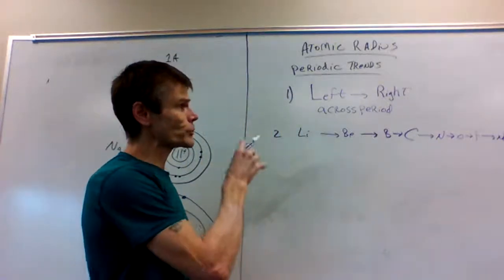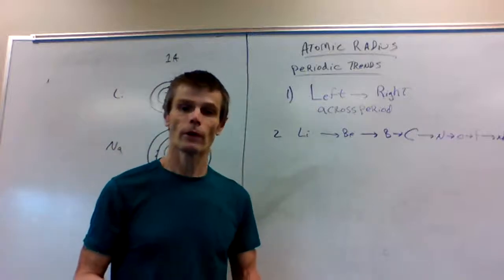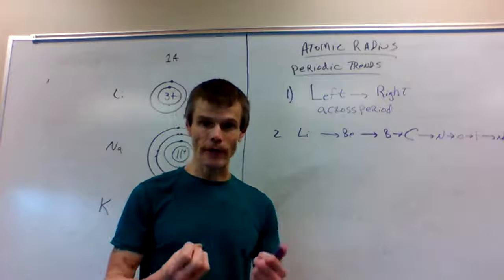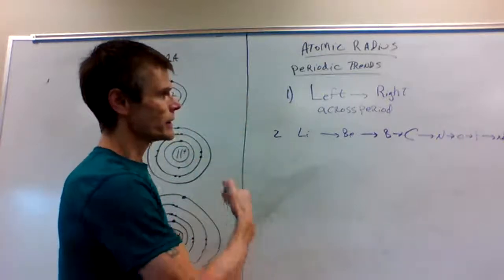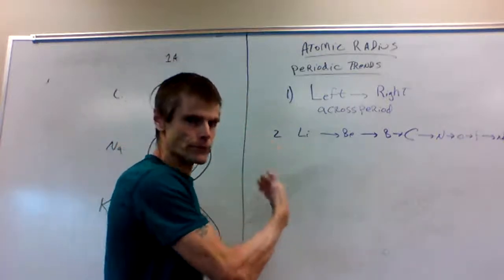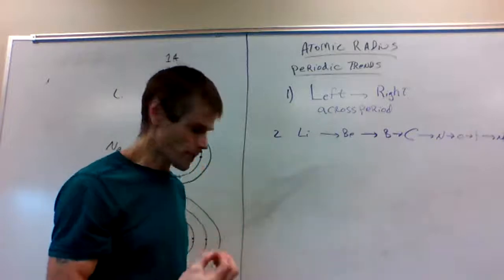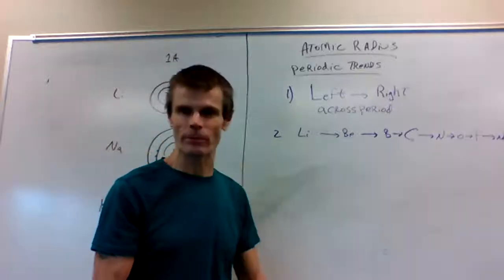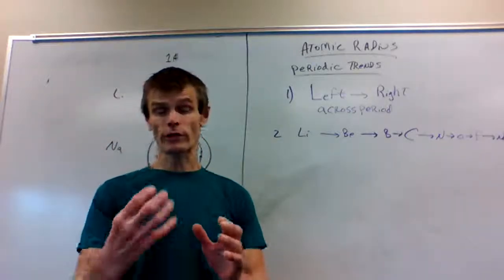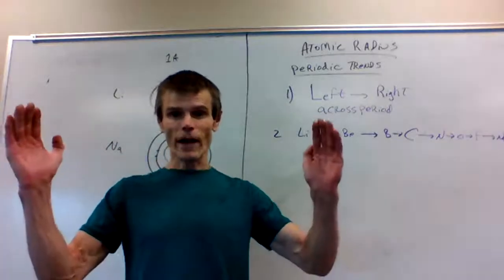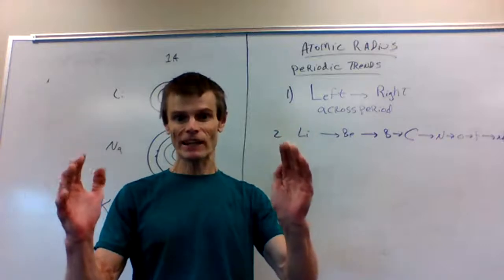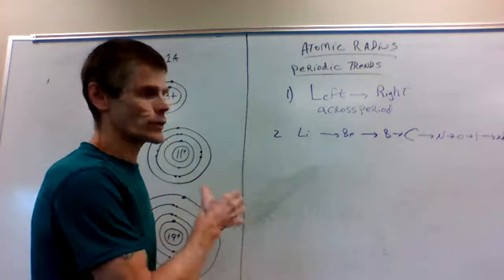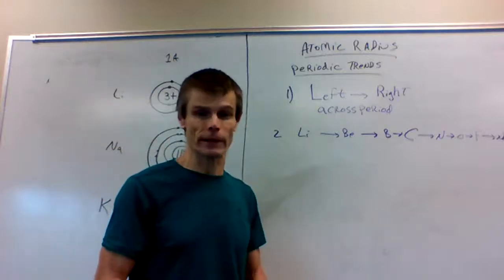If we move from left to right across period 2, remember our trends in effective nuclear charge? Effective nuclear charge is increasing as we go from left to right across a period. So what's happening as we move from left to right across a period, since the effective nuclear charge is increasing, we're actually pulling electron density in closer to the nucleus, and that dictates the trend that we recognize experimentally.